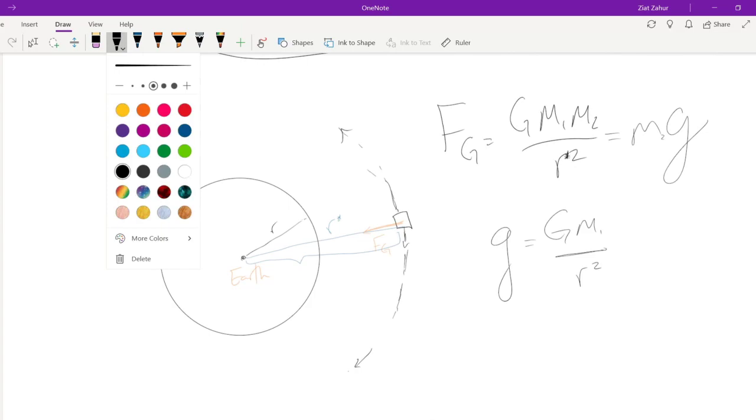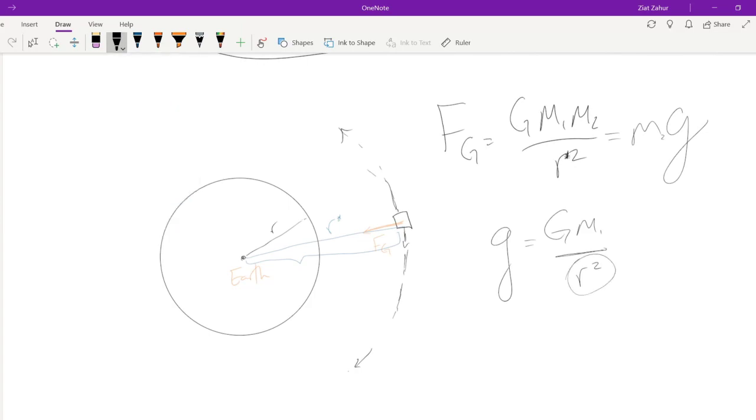Of course, when you're on the surface, you are a radius of the planet away. But when you're a satellite orbiting around, you're much farther away. If we say that this is the altitude h, then r star is equal to the radius of the planet plus the altitude h, how far off the ground you are, or how high up into the skies.